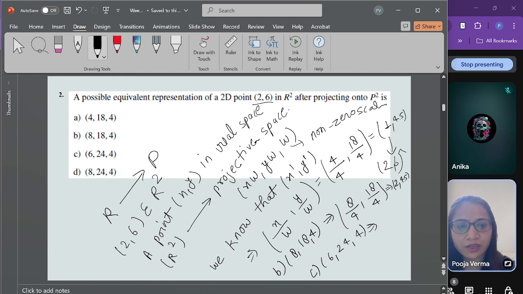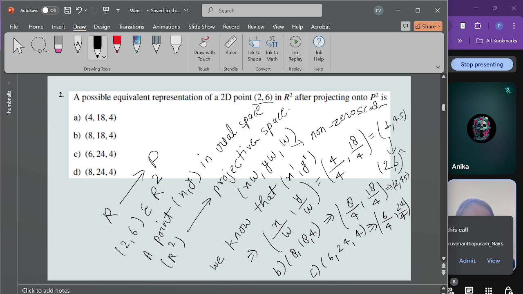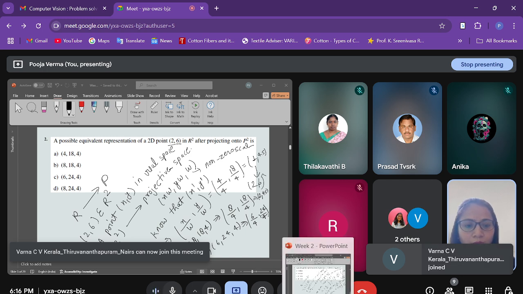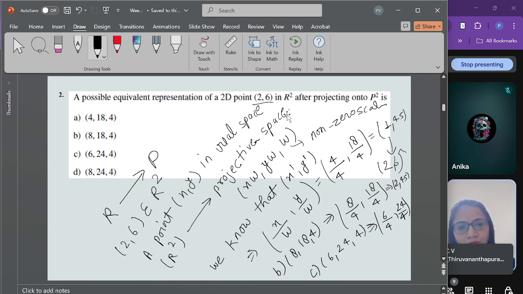So if we convert it into the real space, 6 by 4 and 24 by 4. So what will be the answer? It will be 1.5 and 6.